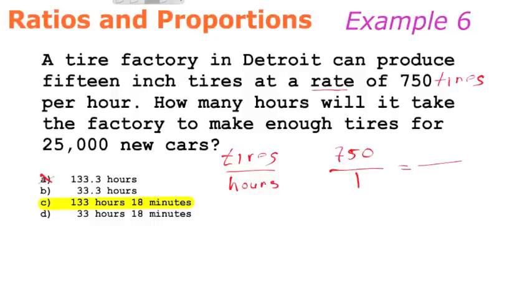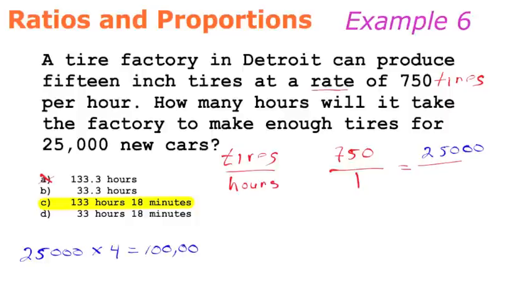Here's where a mistake gets made. To find how many hours it's going to take to produce the needed tires, students like to put in 25,000 here. And that's not the correct number to put in there. That's how many cars. You have to think about how many tires would come on a new car. 4. So you have to take 25,000 and multiply it by 4 to get 100,000.